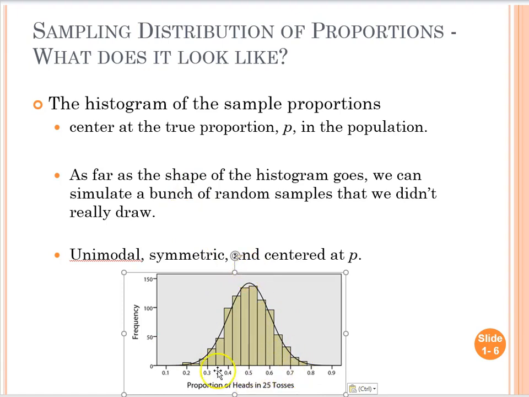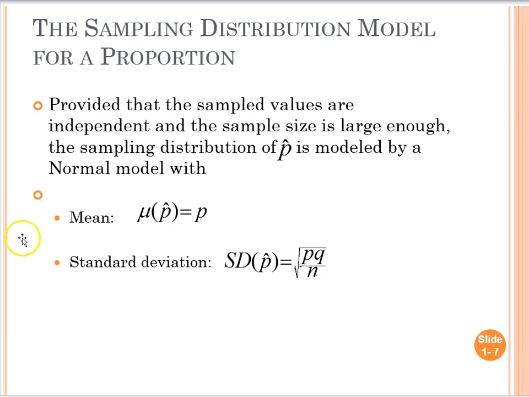As far as the shape of the histogram goes, it's unimodal, it's symmetric, and it's again centered around that true proportion, which means that we can apply the normal model in figuring out and answering some of our questions. In order to apply the normal model, all we need is a mean and a standard deviation. So we said that our sampling distribution is centered around that true proportion.